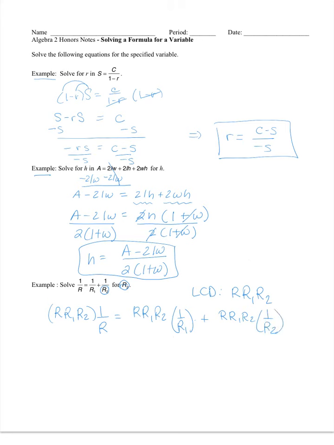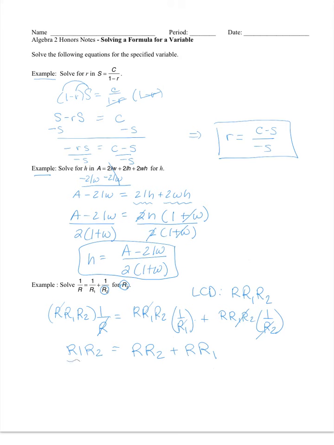And let's see how we can simplify some of these terms. Okay, so that's going to leave me with r sub 1 r sub 2 equals r sub 2 plus r sub 1.